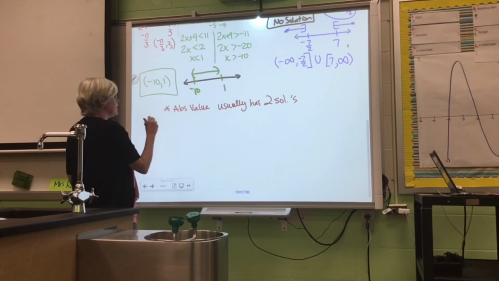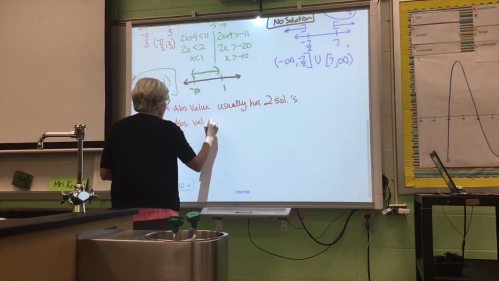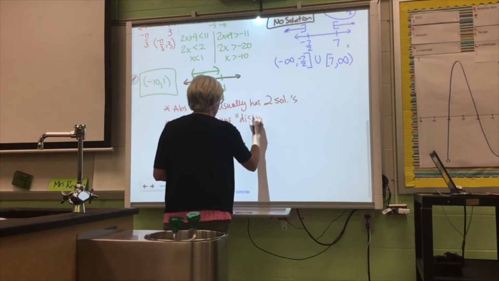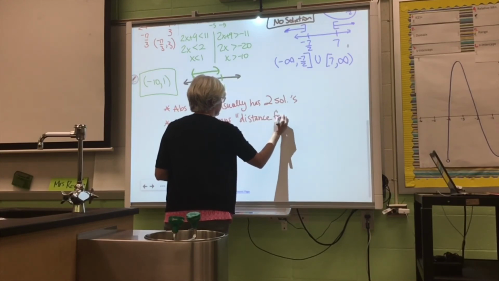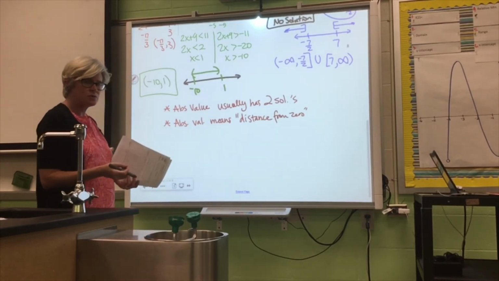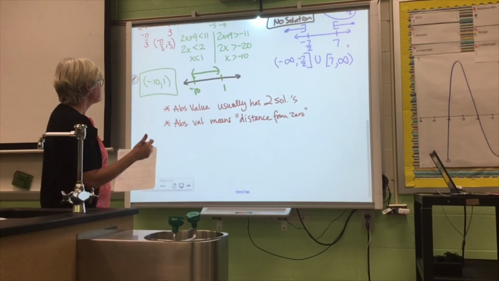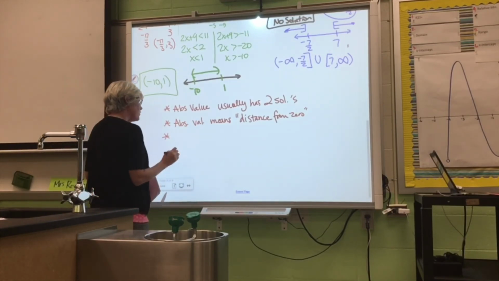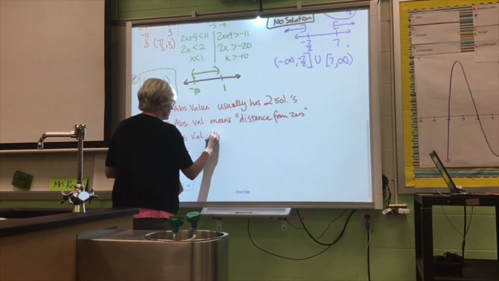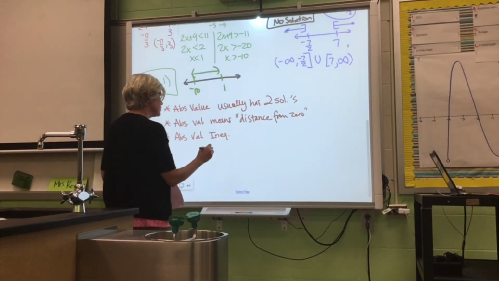You might write that the absolute value is distance from a number line, or distance from 0. That's how we figured out some of those problems, was distance from 0. That made more sense than just saying absolute value. You might say that if you have an absolute value inequality, you have to break it up into 2 separate problems.